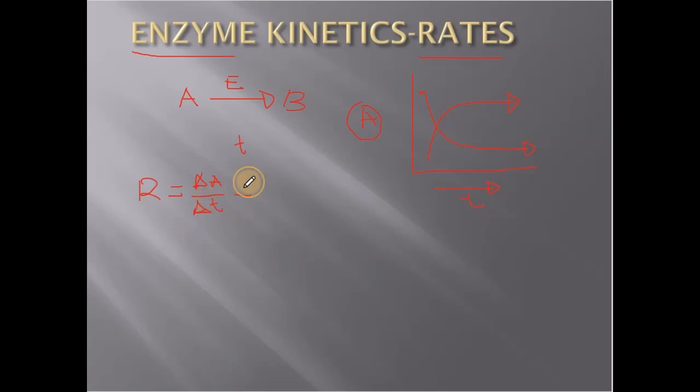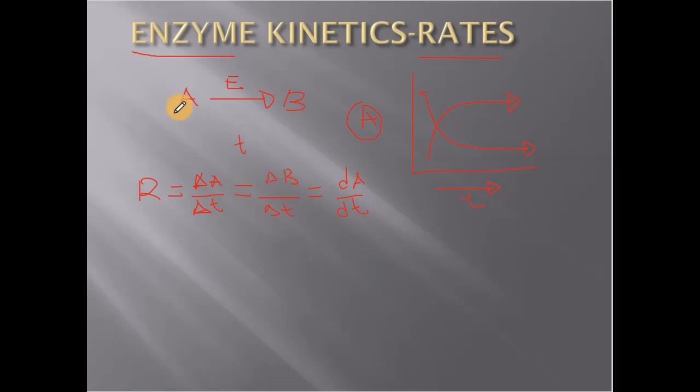It can also be expressed in terms of the product, the same expression, the change in the concentration of B over the change in time. Now, whenever we say a change, a change basically refers to a differentiation. So this can also be expressed as the derivative of A over the derivative of T. So that's how we basically express the rate of a chemical reaction.